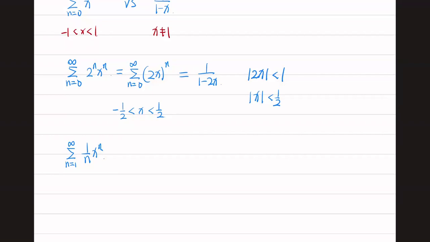For this one, let's use the ratio test. By the ratio test, a_n, I'm going to replace every n by n plus 1. I get a_(n+1).